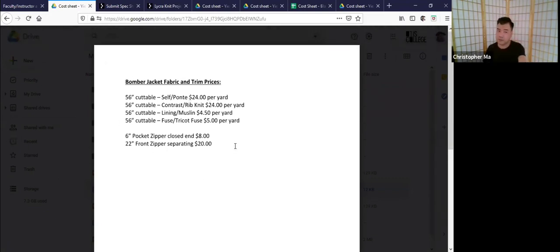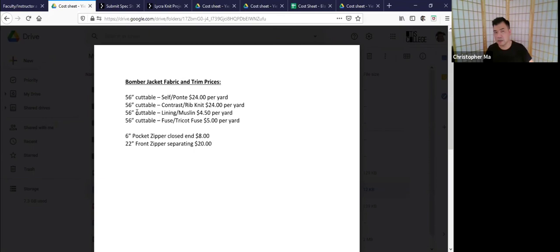So please go back to this. So use $24 per yard. Contrast rib is the same, although in reality, it would not be the same. But for this practice, go ahead and use this, okay? $24 a yard again. So everybody should have the same results, okay? And lining or the muslin, okay?